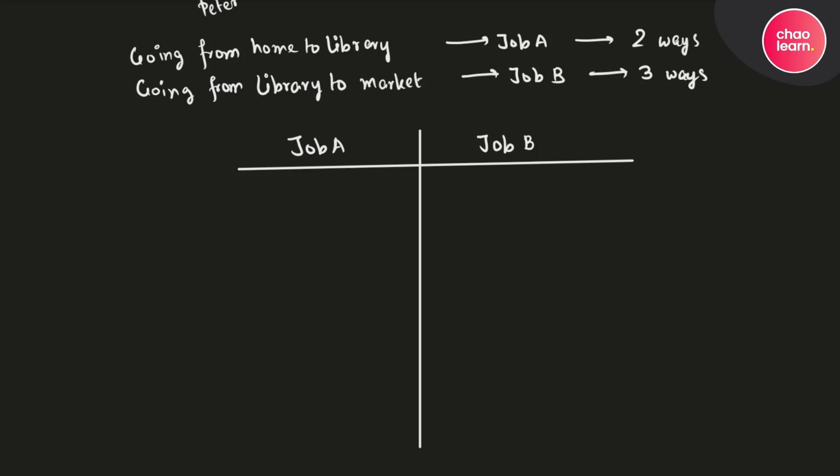So let's say for doing job A, Peter chooses way 1, and for doing job B, Peter chooses way 3.